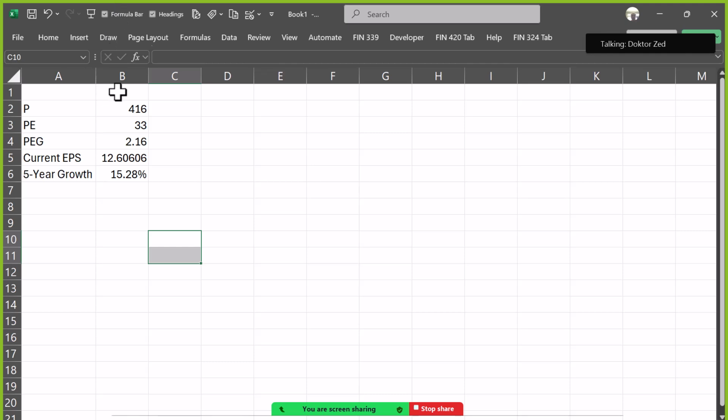This is for Microsoft. So let's do year one. My current EPS times 1 plus the 5-year growth. By the way, if something starts with a 1, if you drag it, it goes 2, 3, 4, 5.